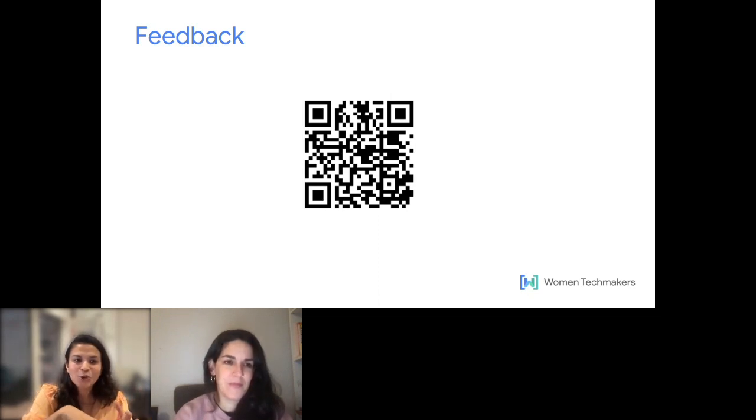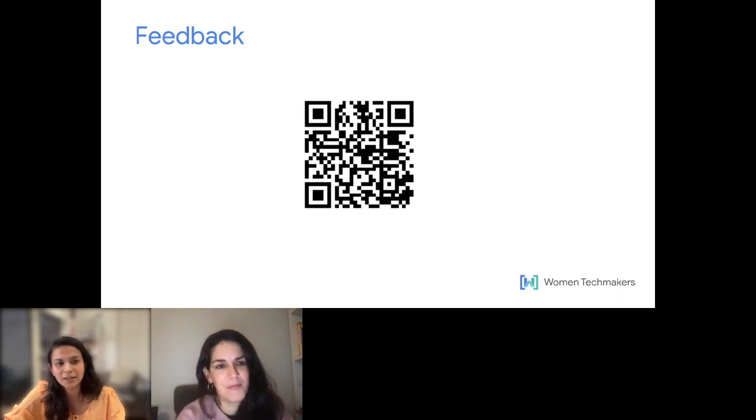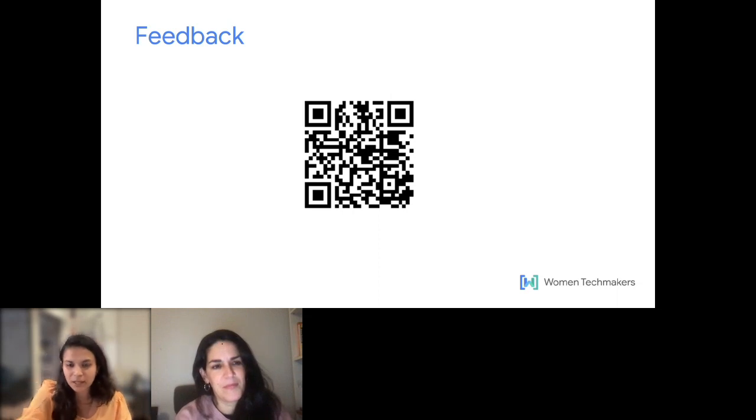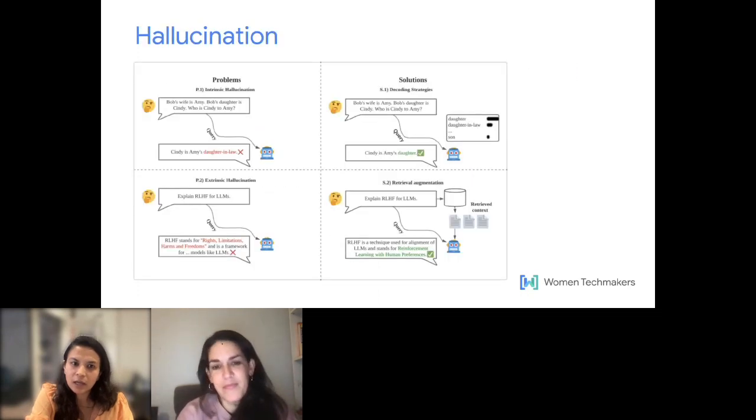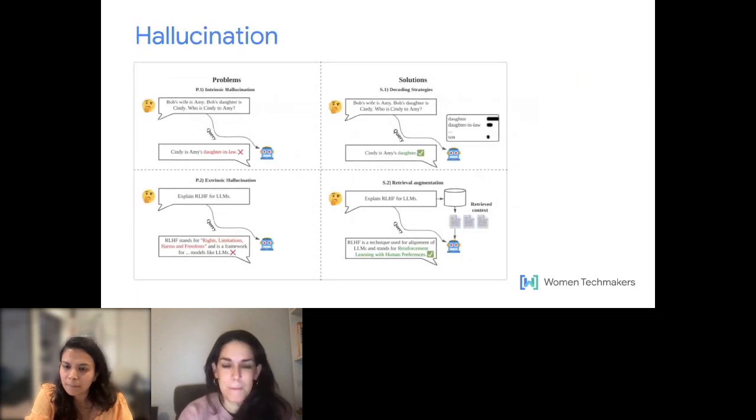There is so much incorrect information online. If we use that information to train our models, then it would predict incorrect output. And let me go through that slide if I can.